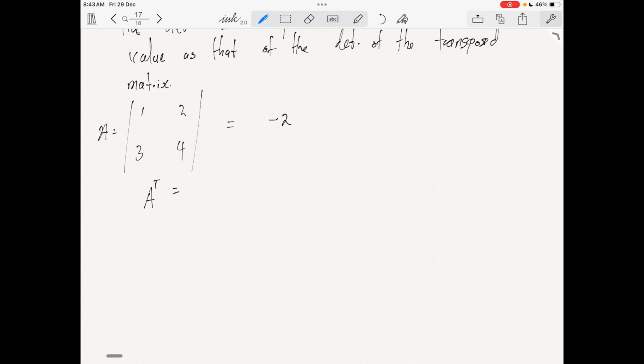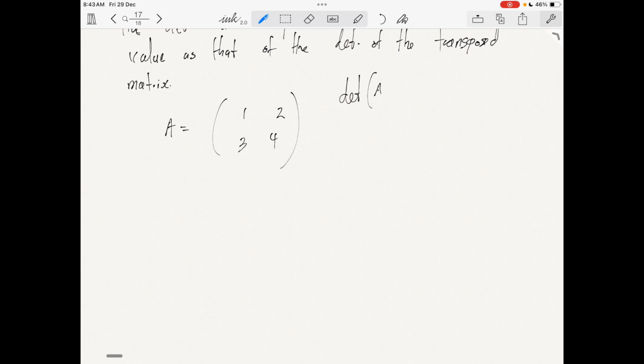Determinant of A transpose. Let's rewrite this question well. We're given that A is 1 2 3 4, and when we evaluated the determinant of A, which you can write as determinant of A, or as the matrix 1 2 3 4, it equals minus 2.